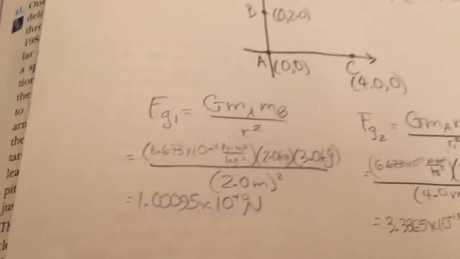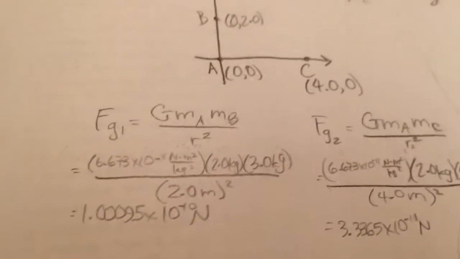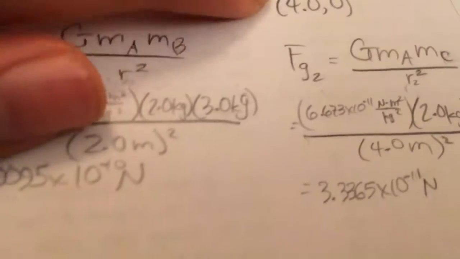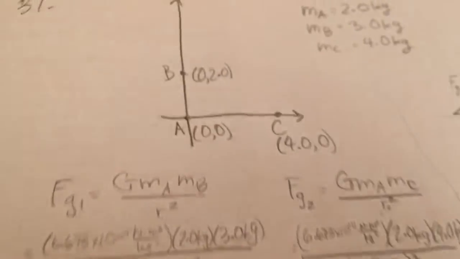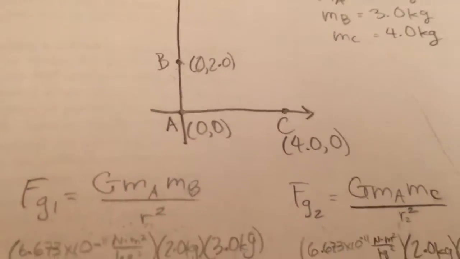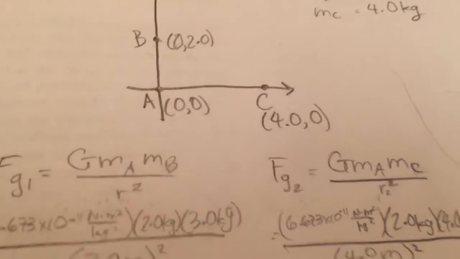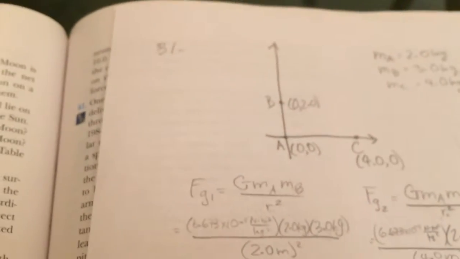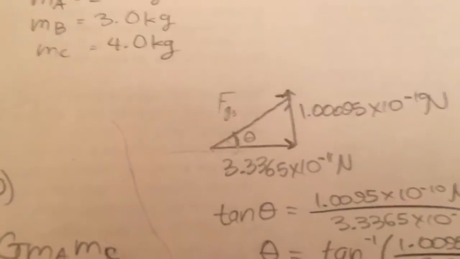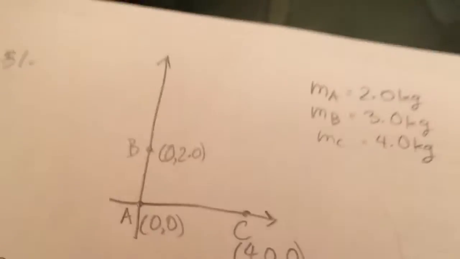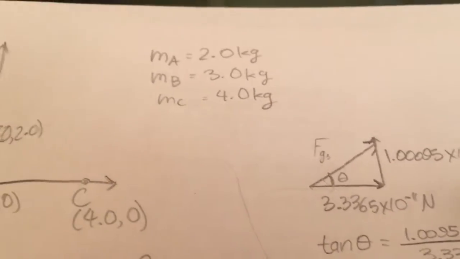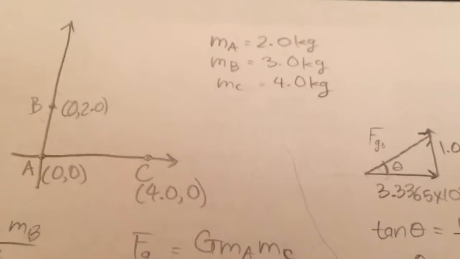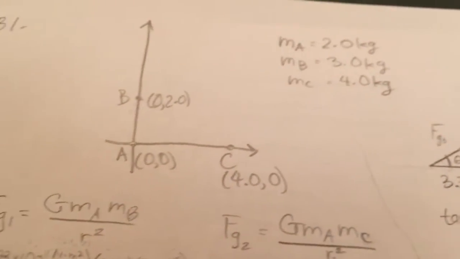Now, the first thing we should do is divide, because we have two different objects at two different places, one on the y-axis, one on the x-axis. We should divide the gravitational forces accordingly, because we're going to get a gravitational force going up and going to the right, which is going to give us a net force up and to the right.